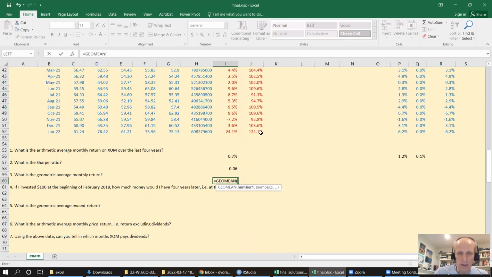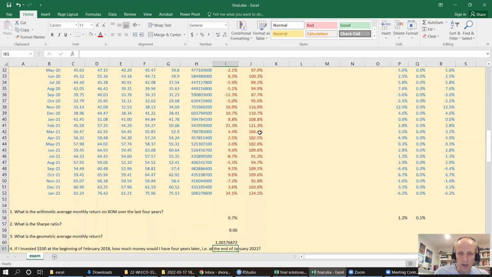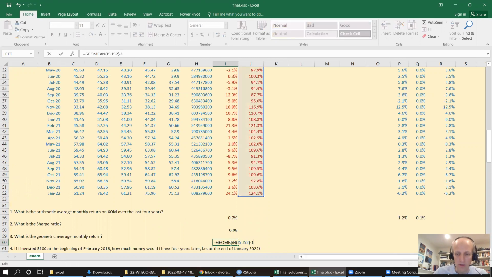Geom_mean using all these cells. And of course we have to subtract 1, because otherwise we're just getting the gross return rather than a raw return. So it's about 0.2. You could certainly add some decimal places to it.